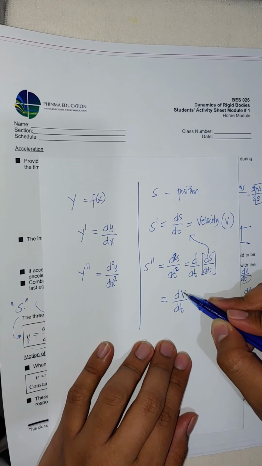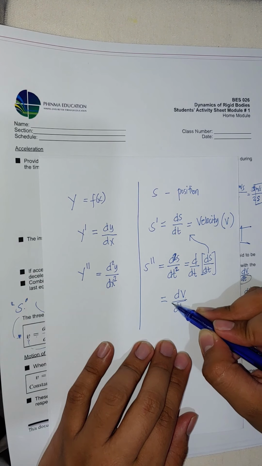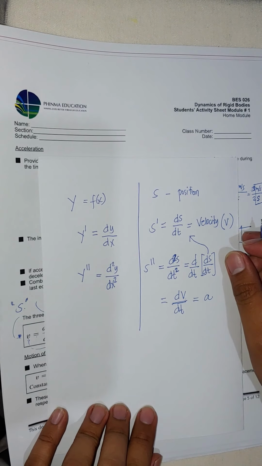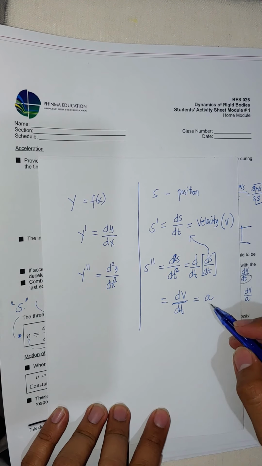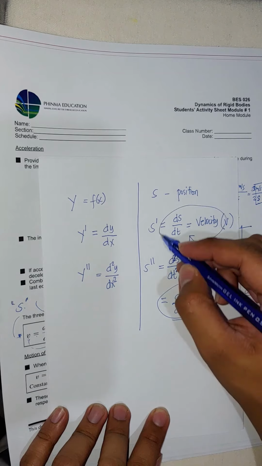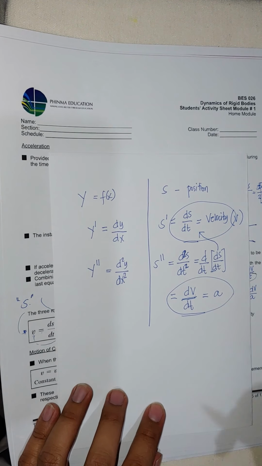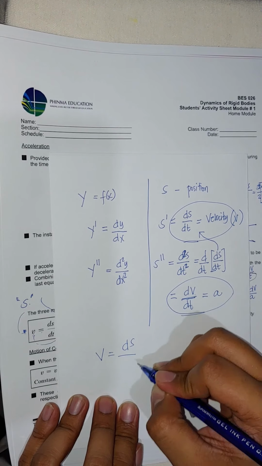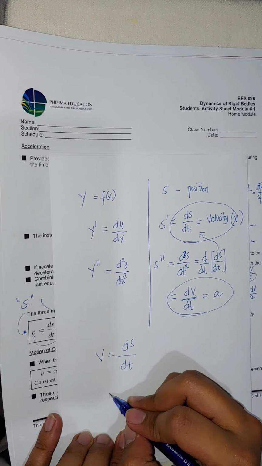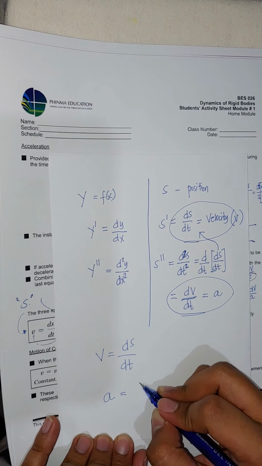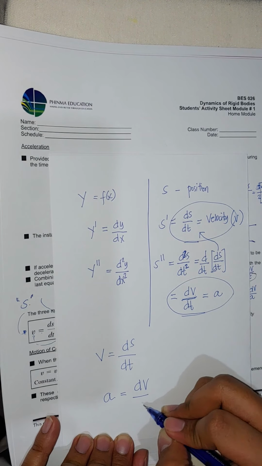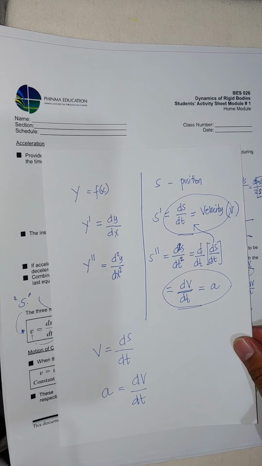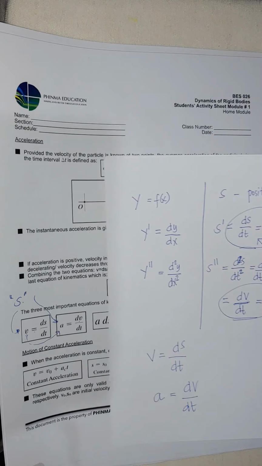And then we know that the derivative of velocity with respect to time is the acceleration. Okay? So we need to remember these formulas. Velocity is the derivative of position with respect to time, ds over dt, and the acceleration is the derivative of the velocity with respect to time. So this is an important topic as we discuss further in these lessons.